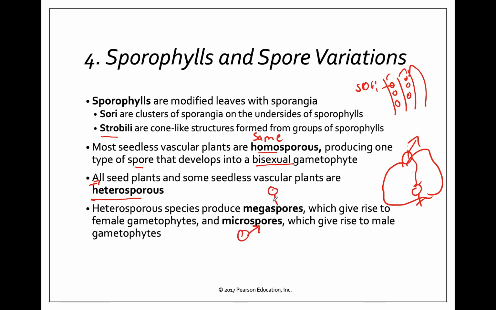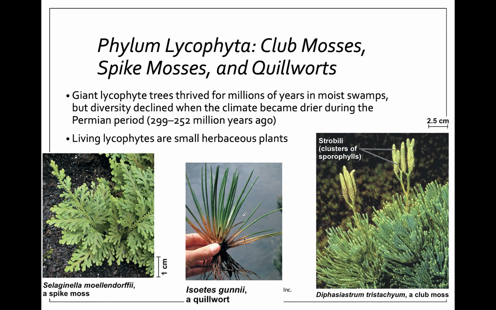microspores and female megaspores. There are two main groups of seedless vascular plants. The first is the lycophyta, which we believe are the first to diverge, and these have microphylls, so you can see these spine-shaped leaves here. Those are the microphylls. These lived in moist swamps about 300 to 250 million years ago.